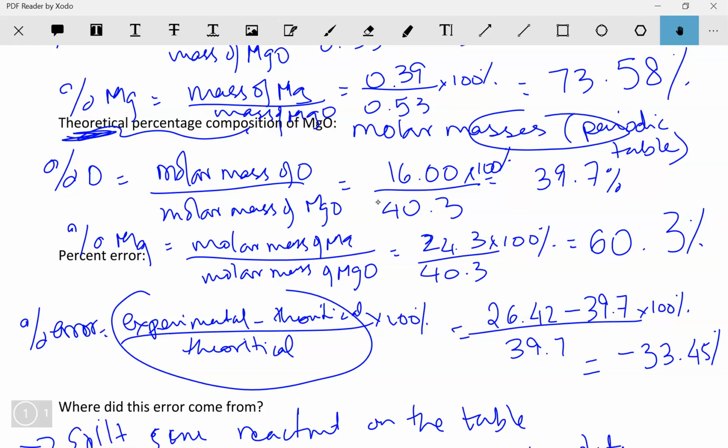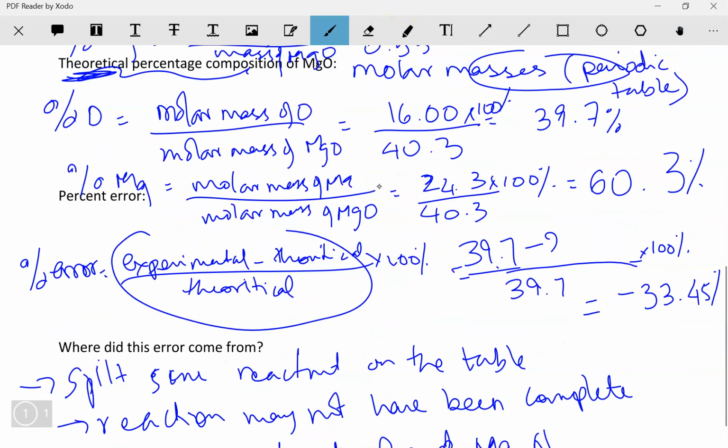I lied. It's theoretical minus experimental. So we'll just flip these values and make this 39.7 minus 26.4, which will give us the same value, right? Doesn't matter which one we subtract from the other, just a negative or positive sign.